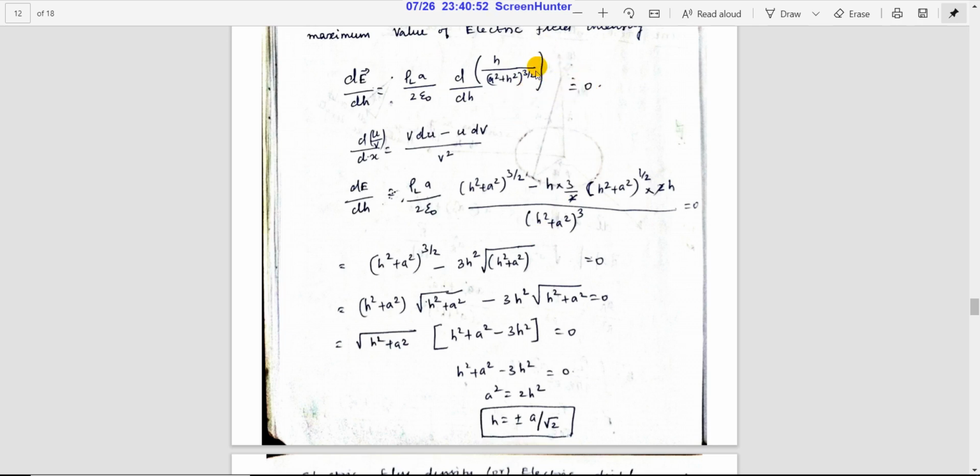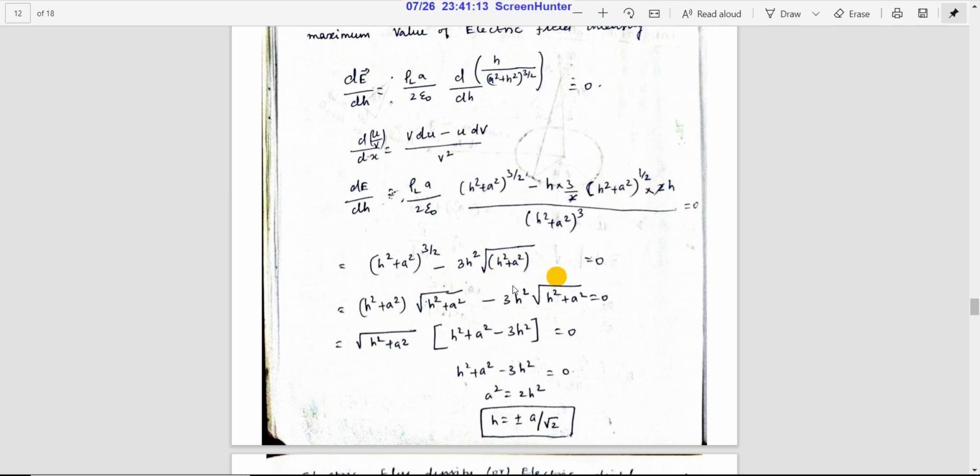So 2 and 2 will be cancelled, and we will be having the remaining term as 3, which is equal to 0. If you cross multiply, this becomes H square plus A square power 3 by 2 minus 3H square root of H square plus A square.